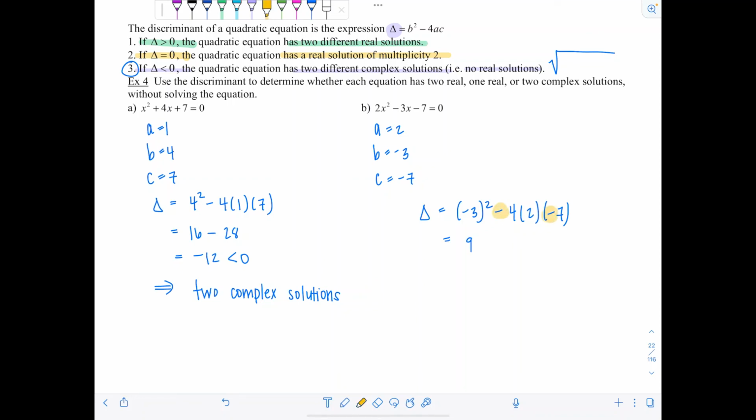And then since we have 2 negatives here, this is going to be plus 4 times 2 is 8 times 7, 56. So 9 plus 56, that's going to be 65. That's greater than 0. So what does that tell me? I'm in case 1 where we have 2 different real solutions.